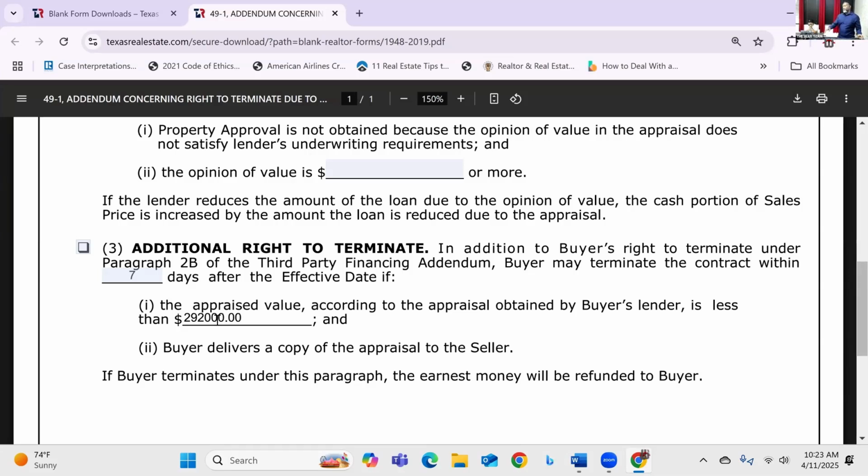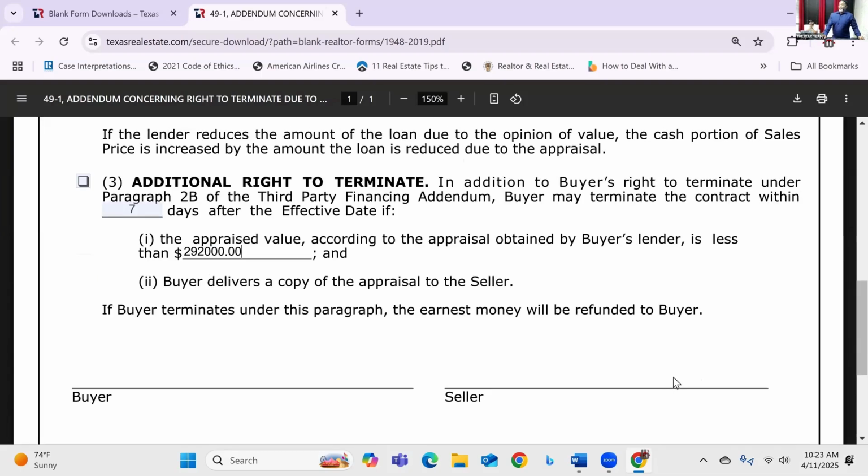From your experience, why was this form written with less? No, I think paragraph 3 is just about understanding exactly how much the buyer is willing to come up with in the difference if it doesn't appraise.